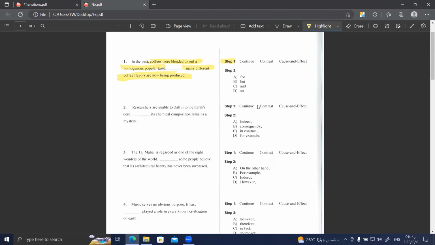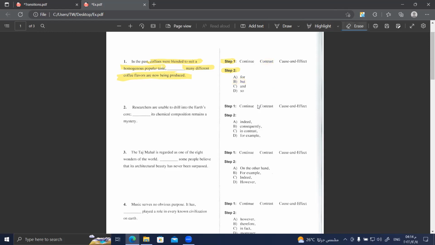I choose the relationship: continue, contrast, cause and effect. It depends on the relationship. Then I choose the suitable word. For example, if I choose contrast, the only contrast word is but. Contrast means contradiction. If I choose continue, then it can be and.